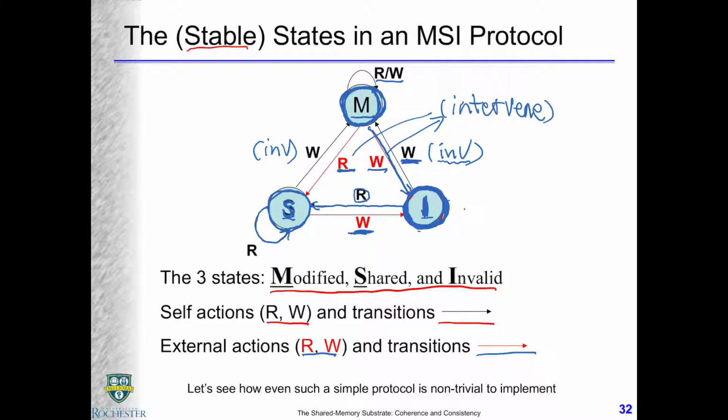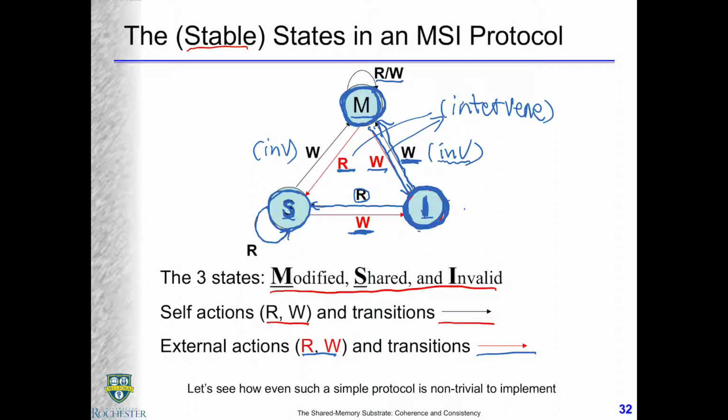Meanwhile, I, the issuer of the write request, will go into the modified state. I hope this is clear. Draw this out yourself, and it will help you understand. So this is the simplest state machine that you can have to maintain coherence. We'll see that nobody uses this.